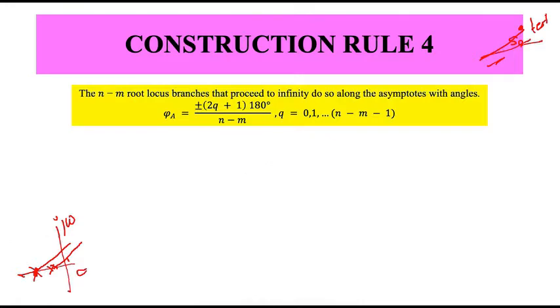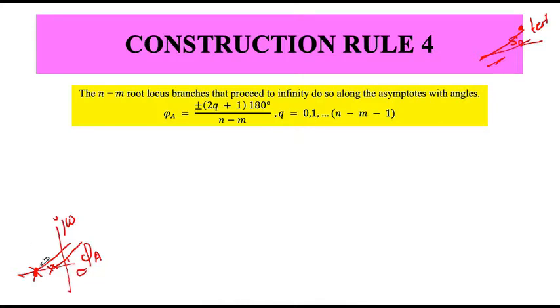So what are the angles? These are the lines made by the test point and the open loop poles and zeros. They are almost equal to each other. If I look at two points very far away, they will seem very close to each other. So this is like infinity, and both of them make the same angle phi a.